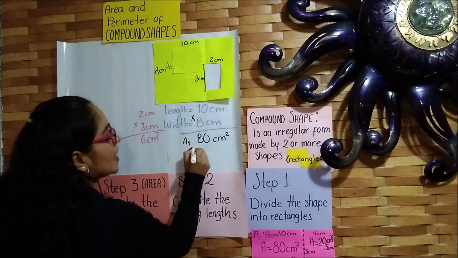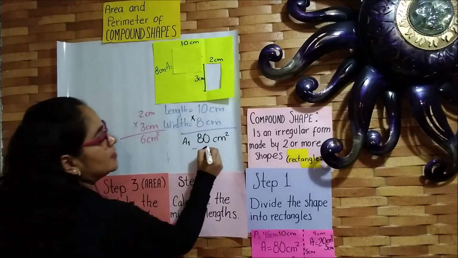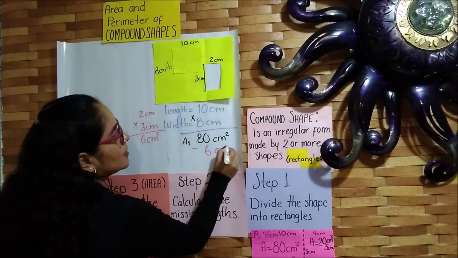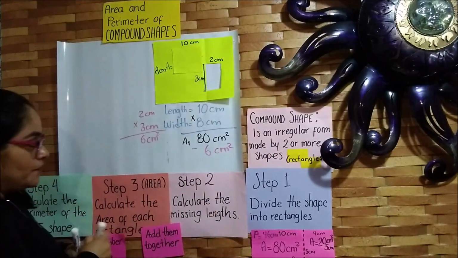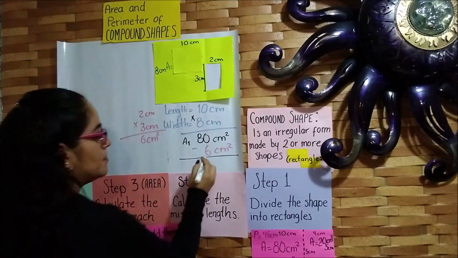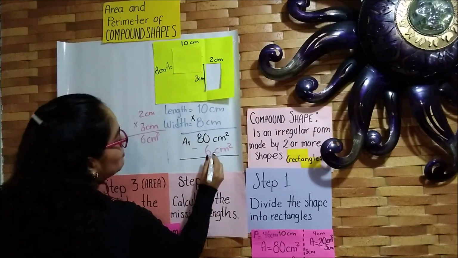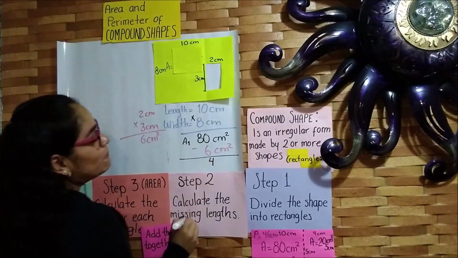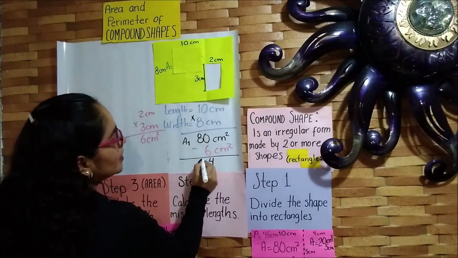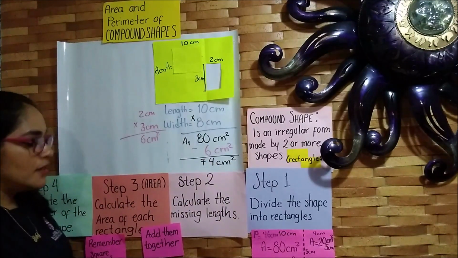We're going to make a subtraction because we don't need to buy this. So my area is going to be 80 minus 6 equals 74 centimeters square.